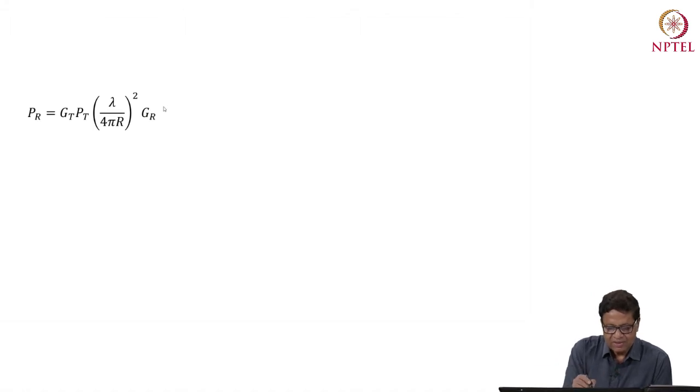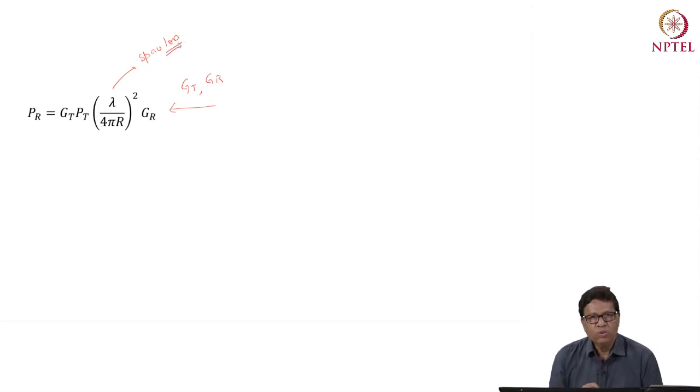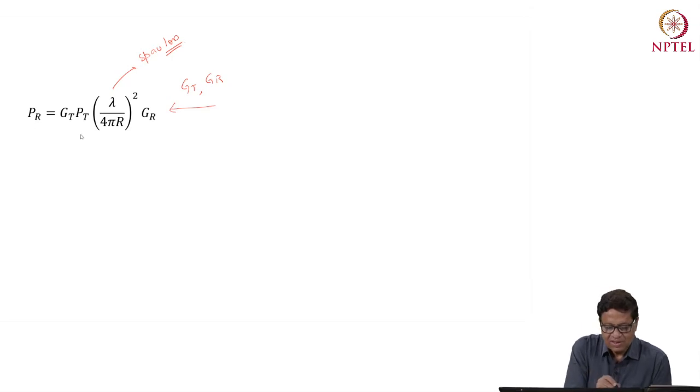And if you write now the complete equation, which has GT transmitter gain and the GR, the receiver gain, and the space loss. This is the space loss part, because the light will lose its intensity as it travels. So this is because of the space loss. So this is the receipt power you get at the receiver. Let me again write here, this is transmitter gain because of the optics which I am using as the transmitter.